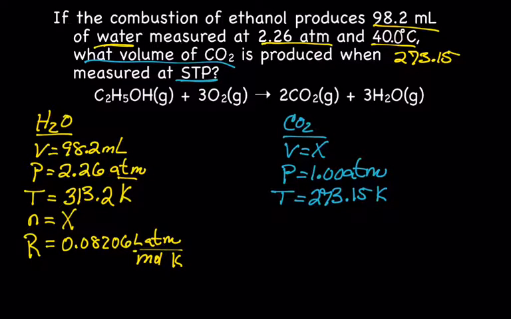So we need to make this liters, which would make it 0.0982 liters. All right, from here we can just plug this into the ideal gas law, which remember is PV equals nRT.